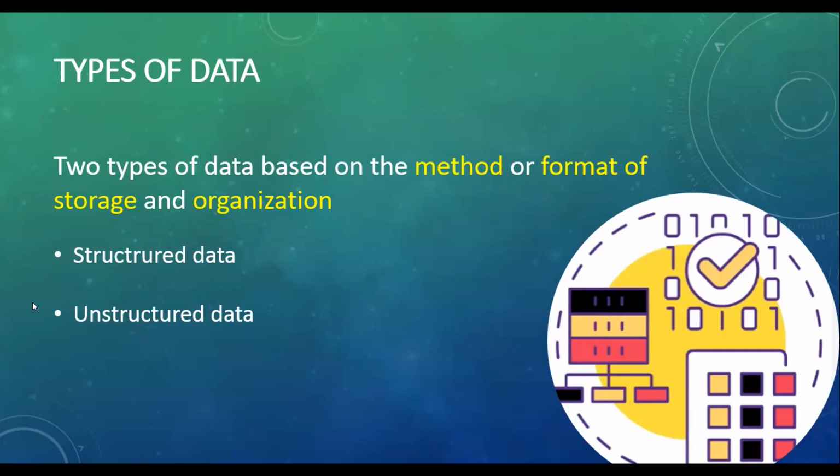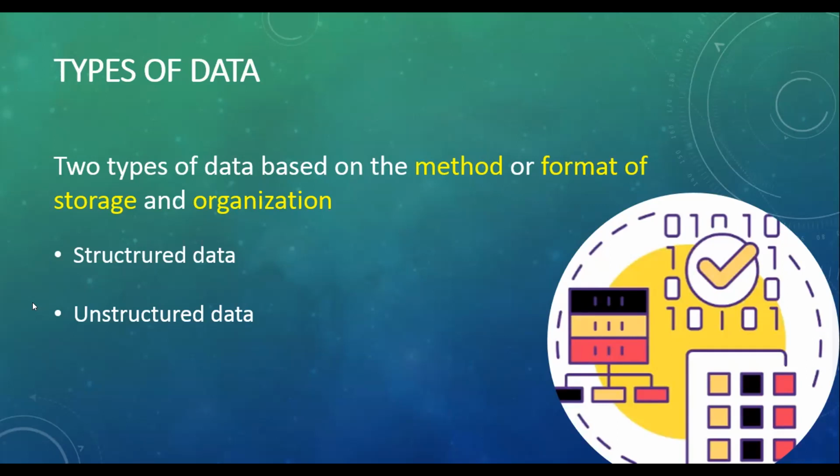It is usually organized into columns, rows, and tables, and has a predefined schema or format. Structured data is easy to analyze because it has regularity in its storage structure. Examples are data in a spreadsheet, relational database, or CSV file format.